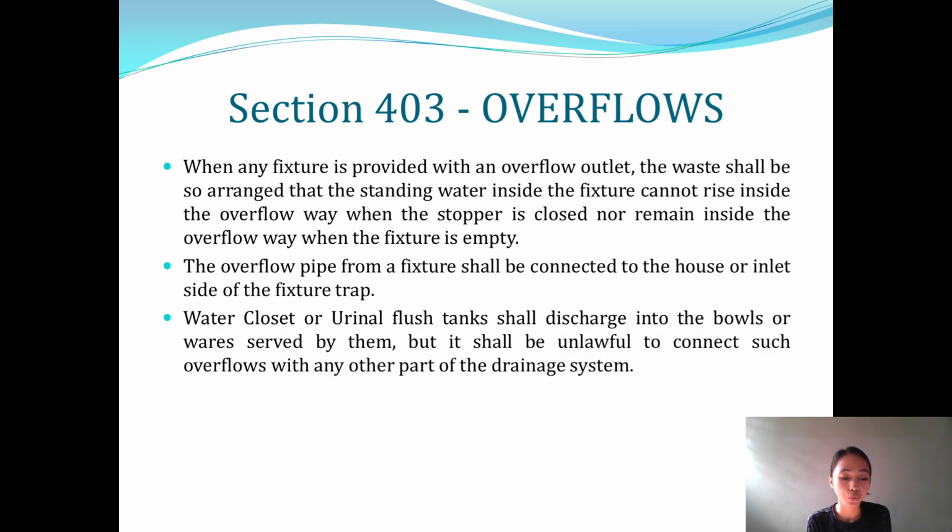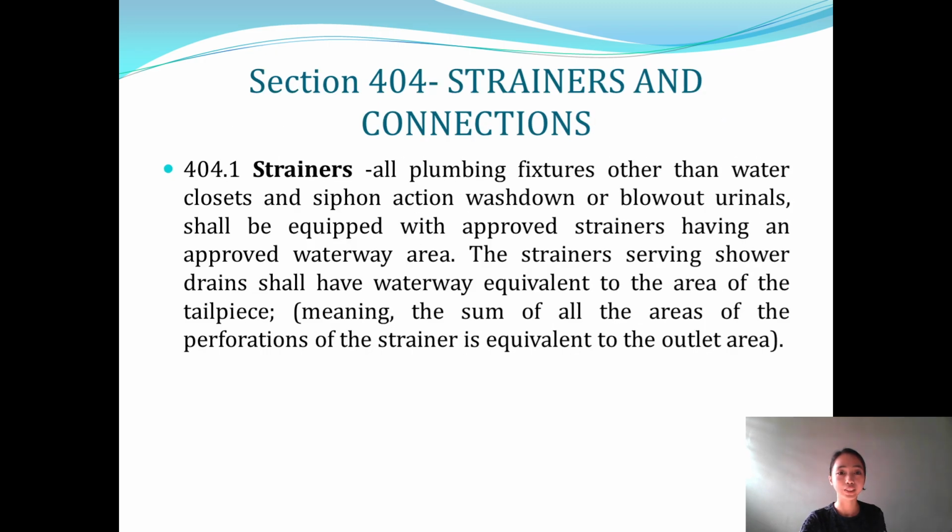It is possible for the overflow on any fixture to become blocked, which would compromise the air gap by not leaving the correct clearance. In situations where a portable or flexible hose or tube is attached to the water outlet and an air gap cannot be provided, an appropriate backflow prevention device should be installed in the pipework supplying the fixture. Next is section 404, strainers and connections.